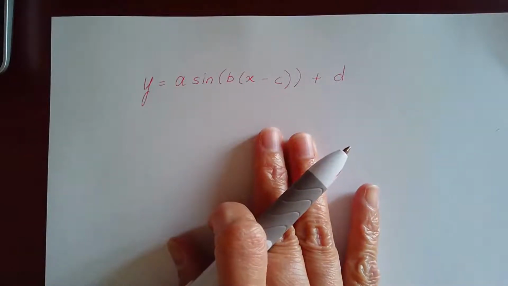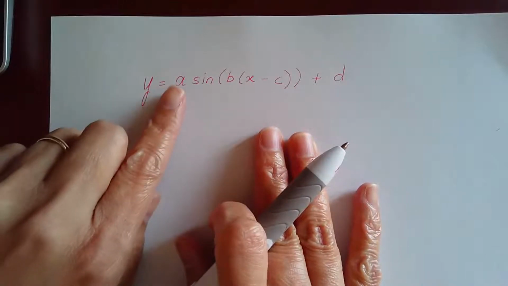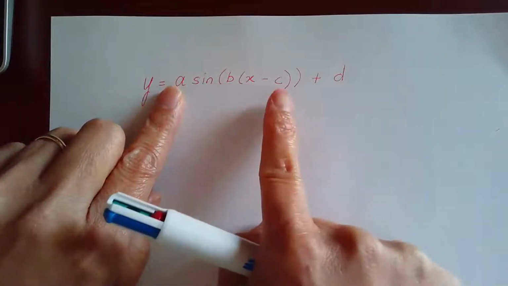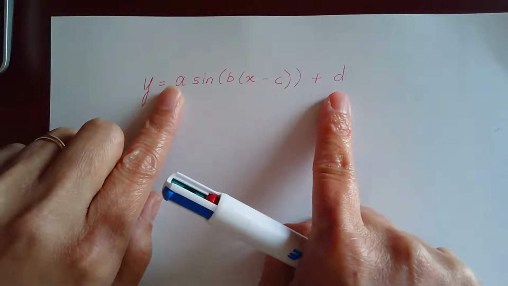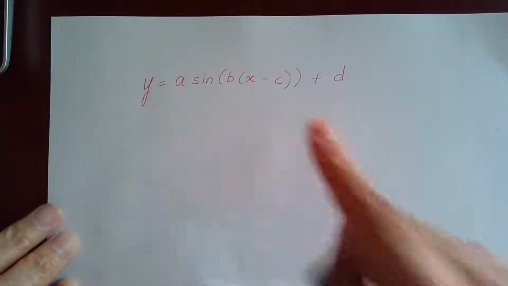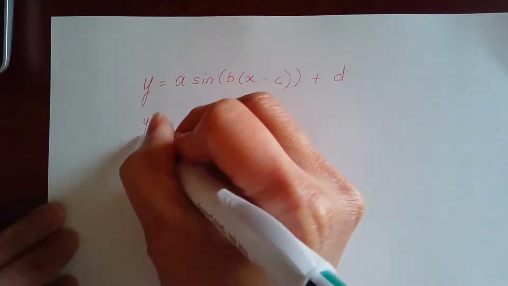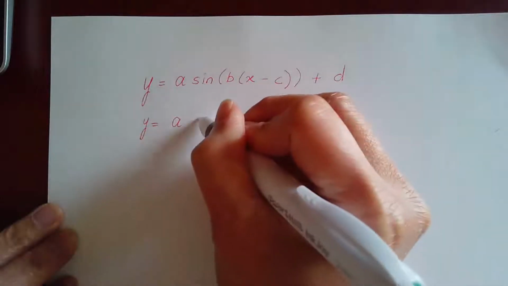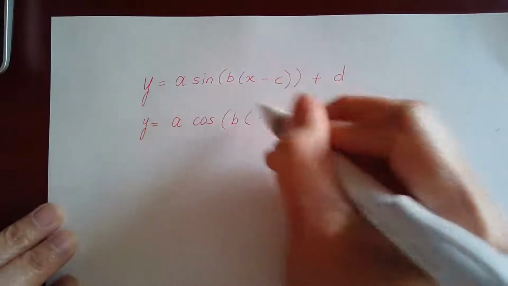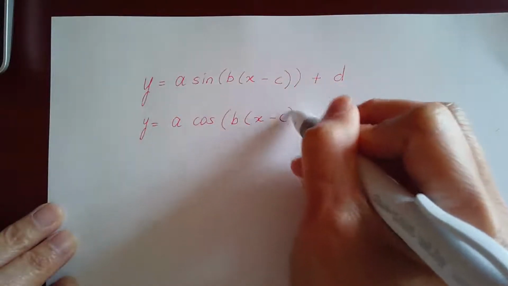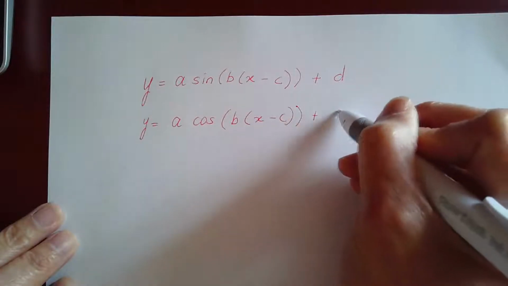In this case, the parameters A, B, C, and D mean something in our situation. It also works the same way for cosine. I know I wrote down sine there, but it also worked for the function cosine.